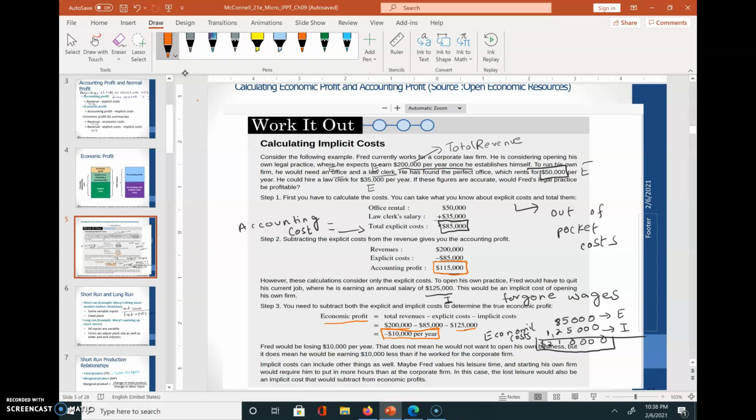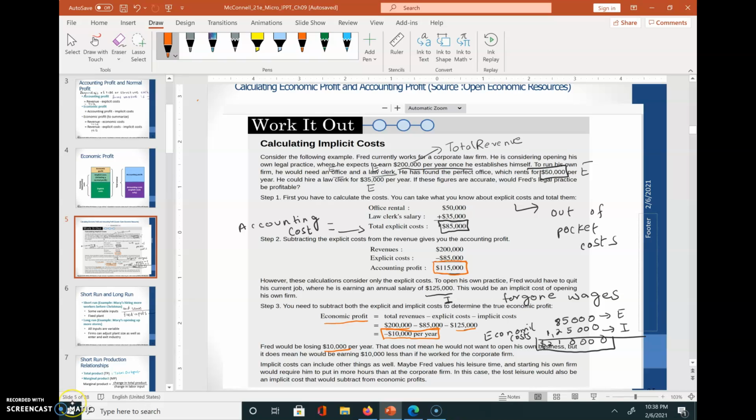My accounting profit is positive, but my economic profit is negative. So basically, if I look at this from the economist's point of view, Fred would be losing $10,000 per year. So it doesn't really make sense to open his own business.